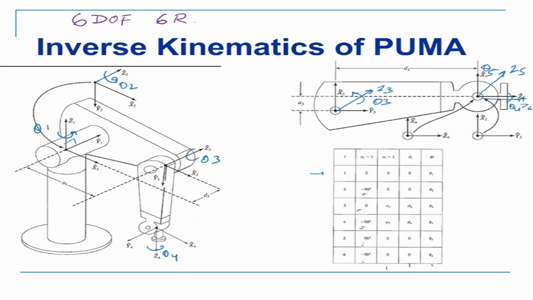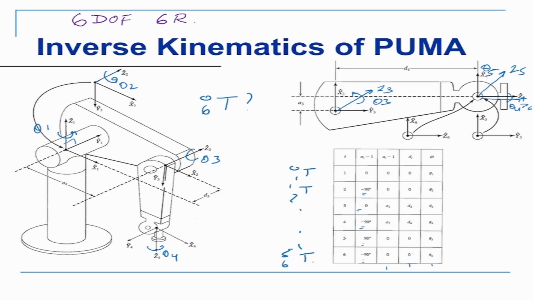Based on this, I can put it in the generalized matrix. What I need next is to find T0 to 6. That is T0 to 1, T1 to 2, up to T5 to 6, and then multiply them out.